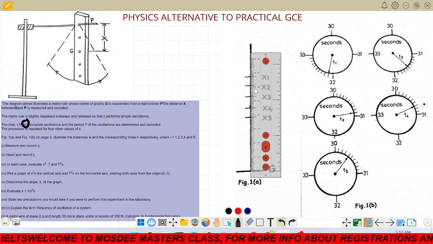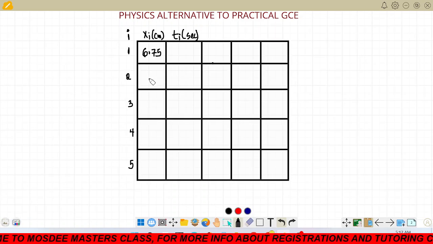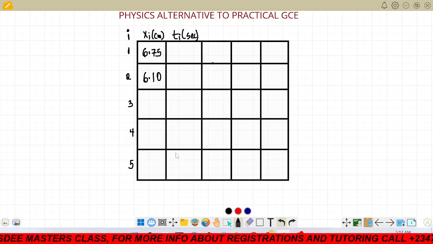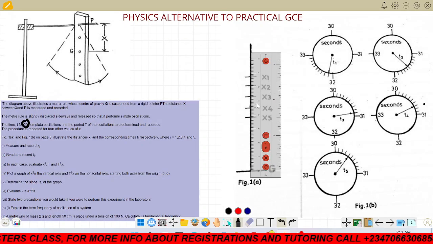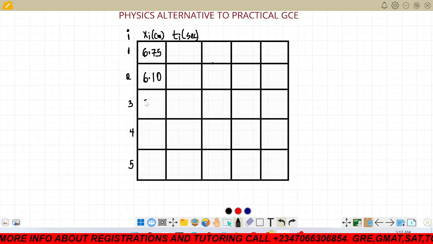X2, you can see this is 6 and directly at 6.1. There's no scaling effect, so I'm going to put 6.1. To make it two decimal places, I'm going to write 0. X3 will be the next one. This is exactly on 5.5, so I will take that as 5.50.